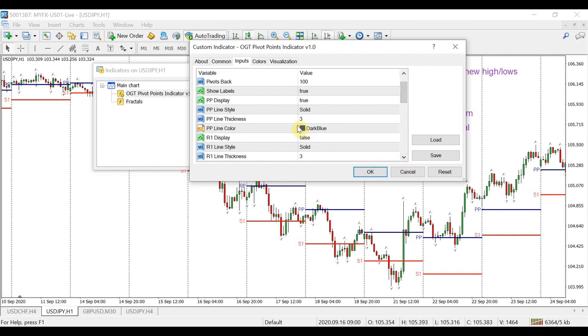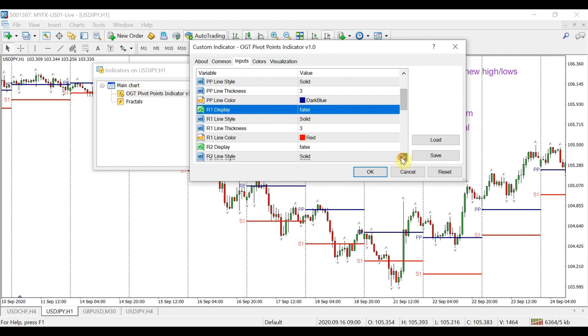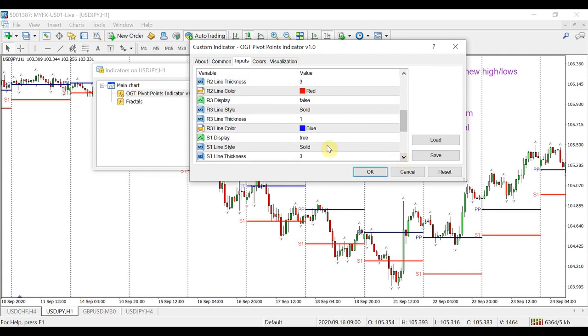So again, just set PP display to true. The R1 is off at the moment because the example I'm showing is around S1 levels. But you're meant to set that to true, and then obviously set the S1 to true as well.